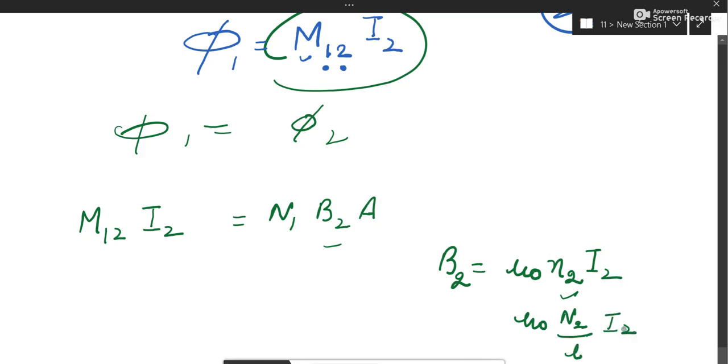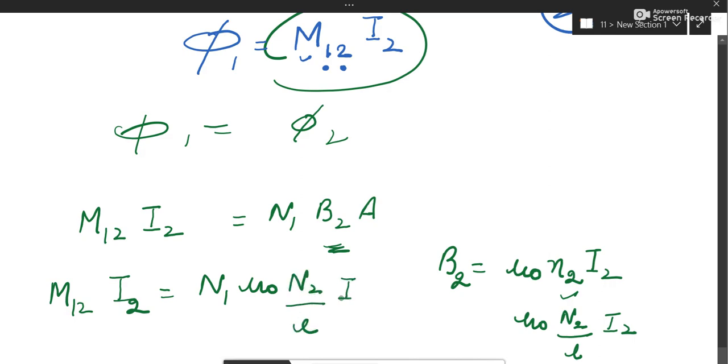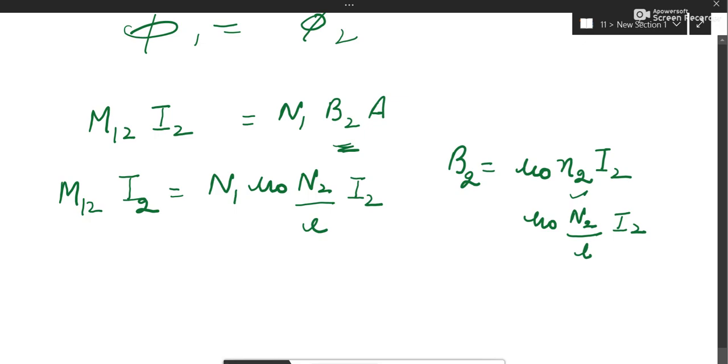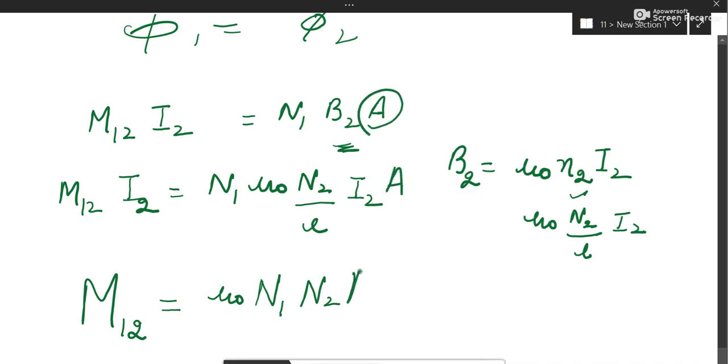Length is the same. So M12 into I2 is equal to N1 mu naught N2 by L into I2. I2 cancelled. So my formula for mutual inductance of coil 1 with respect to coil 2 is ready: mu naught, number of turns in the first coil, number of turns in the second coil, and area upon L.